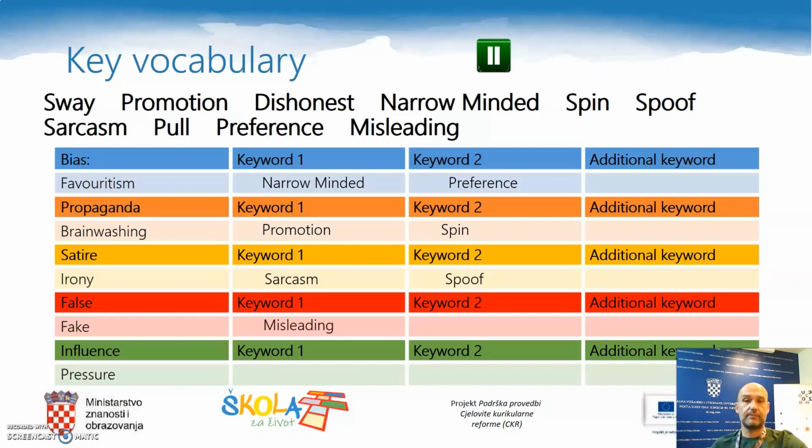False: fake, misleading, and dishonest. Pressure: influence, sway, and pull. So try to think of an additional keyword that you would add to this list. Let's continue.